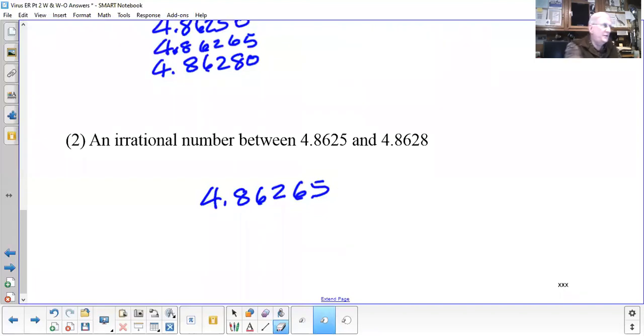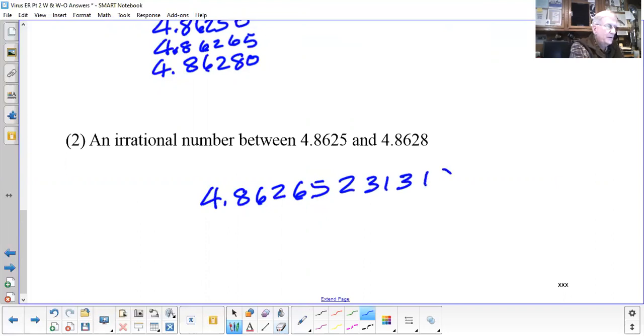Another thing we could do is simply put 3 dots after it, just so the numbers are kind of all over the place. And this is telling the reader that what? This continues on forever and the numbers are wandering all over the place. Therefore, it's an irrational number. So that's another way to do it.